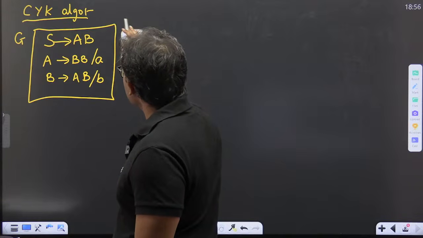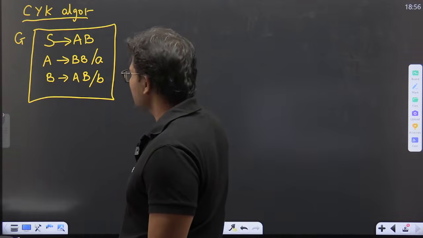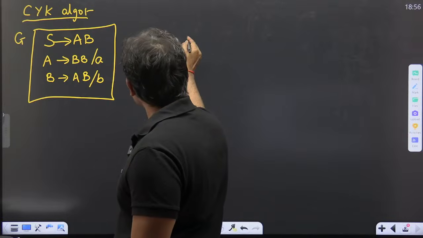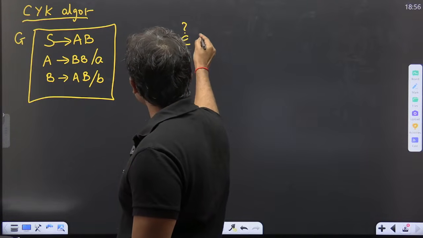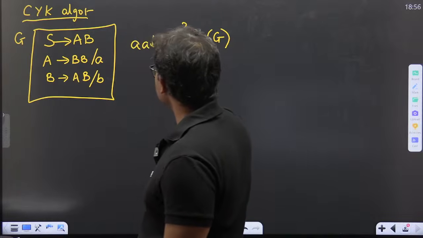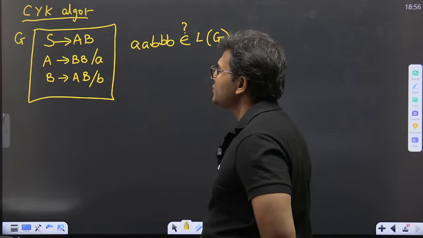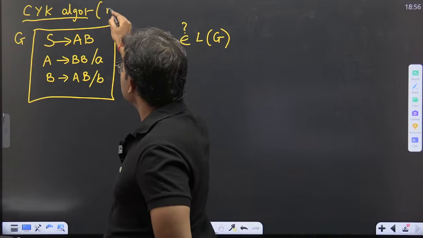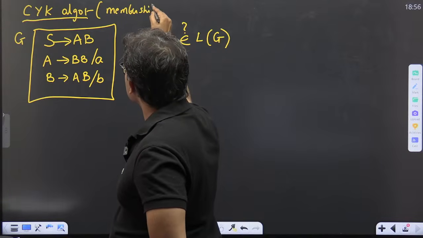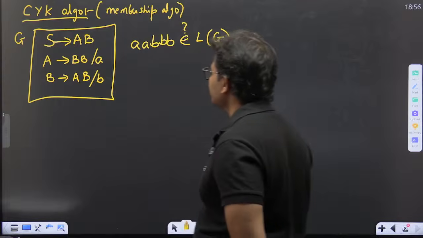Or instead of language, I can say whether a string, let us say a small example, does A, B, B, B belong to the language generated by the grammar? This is the question. It is a membership algorithm, right? CYK is a membership algorithm.